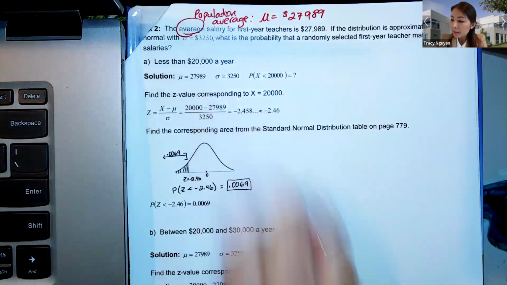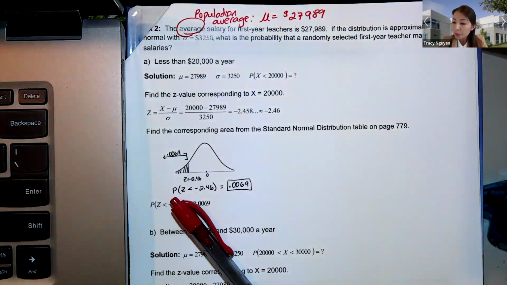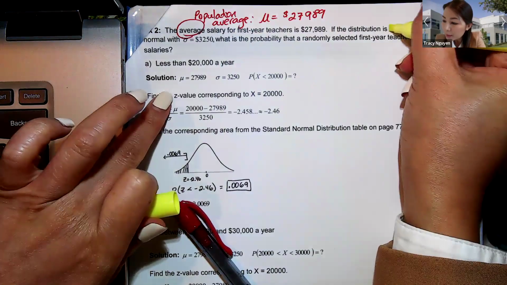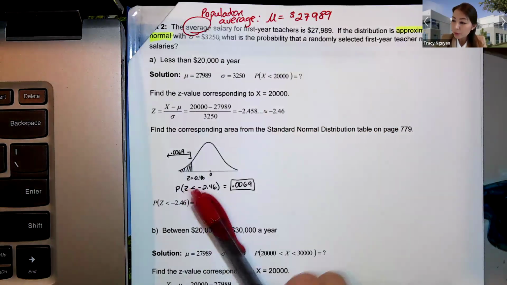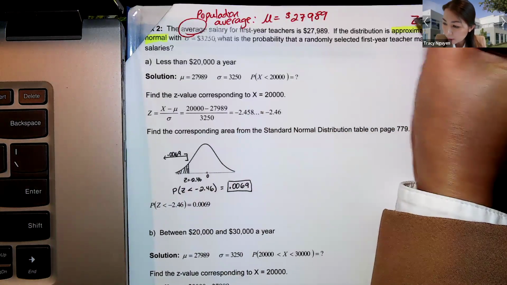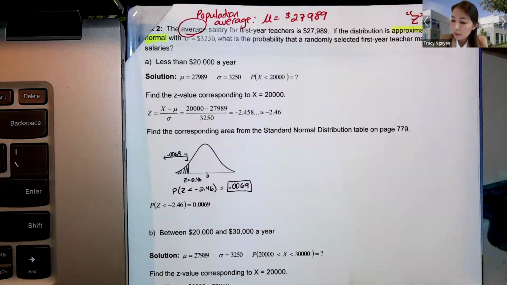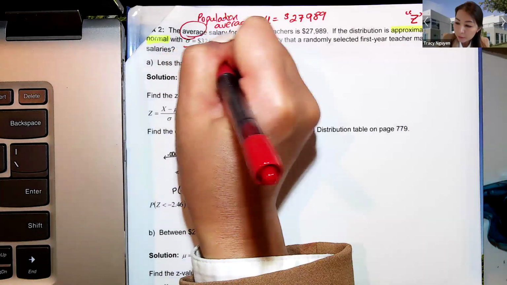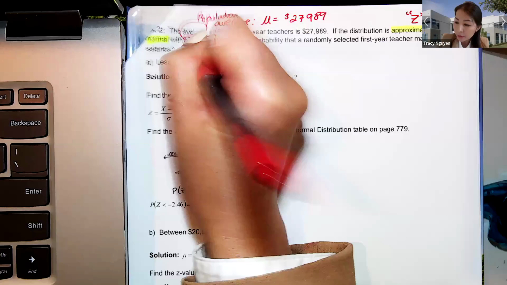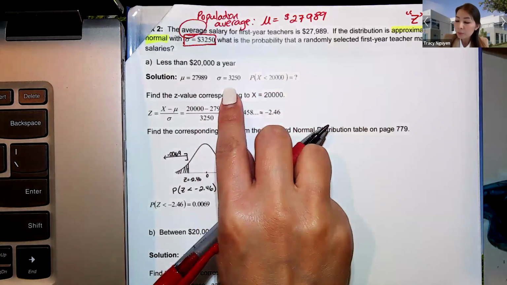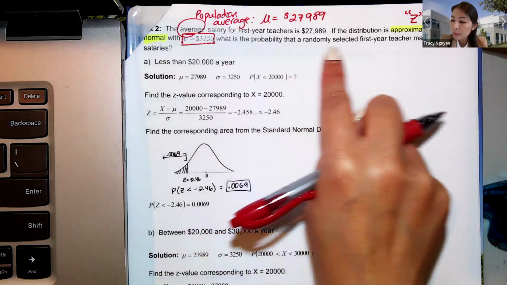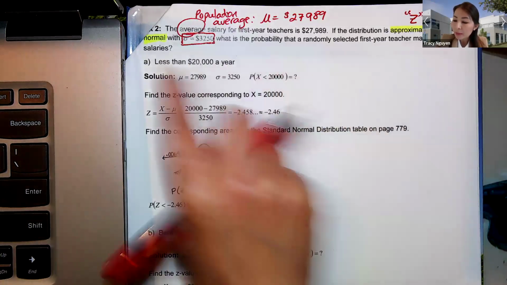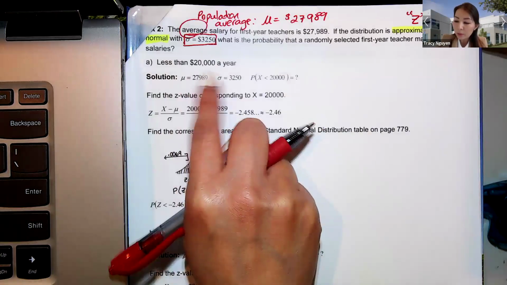What we have on the next sentence, if the distribution is approximately normal, this narrows down to us that we're going to use a formula for Z to solve, with sigma equals $3,250. Here comes the question. What is the probability that a randomly selected first-year teacher makes less than $20,000 a year?